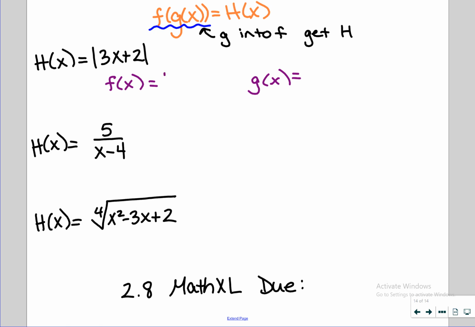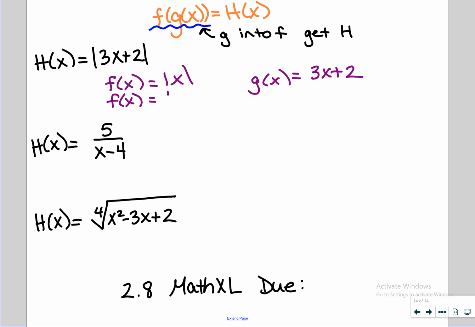I would make f the absolute value function, and I would make g 3x plus 2, what's inside it. Because that's what I'm doing when I'm composing. I'm putting one thing inside the other, right? Do you guys see that if I took 3x plus 2 and plugged it into that absolute value, I would get h out?